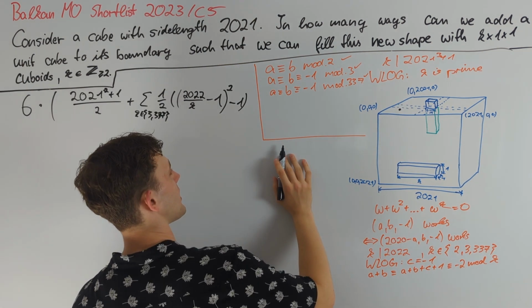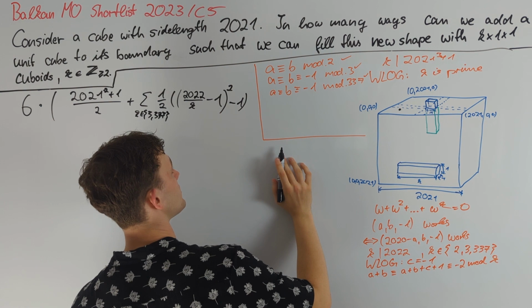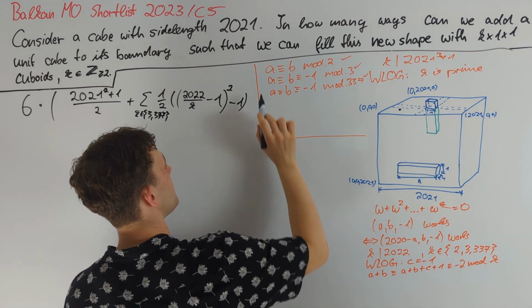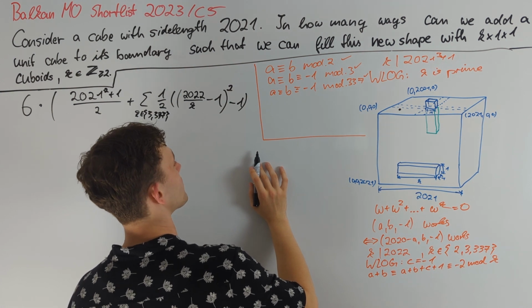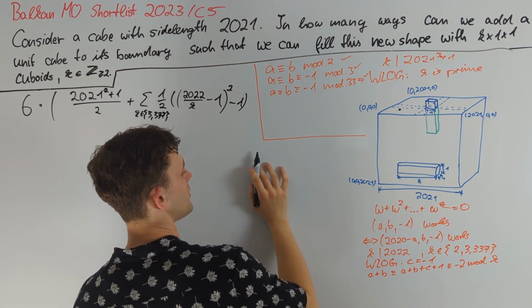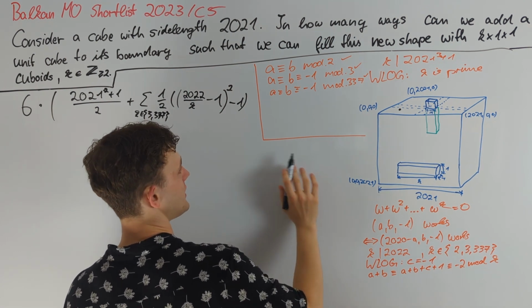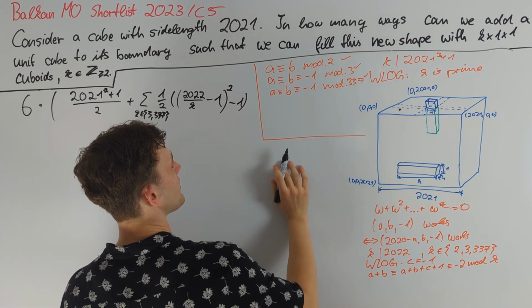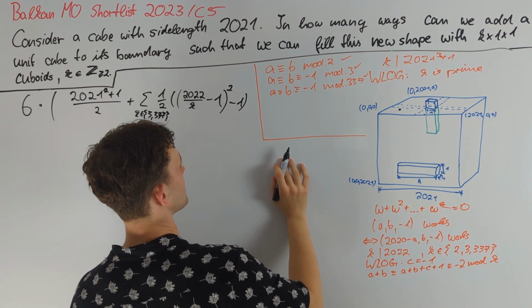Lastly, we subtract the number of pairs a, b that satisfy the second and third condition, but not the first. If those two conditions are met, then we also have a congruent to b congruent to minus 1 modulo 3 times 337, which is equal to 1011. But by our size constraints on a and b, this already implies a equals b equals 1011 minus 1.